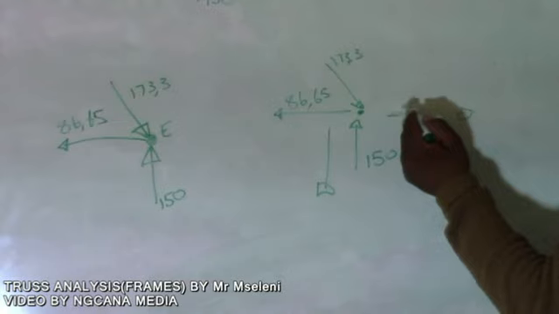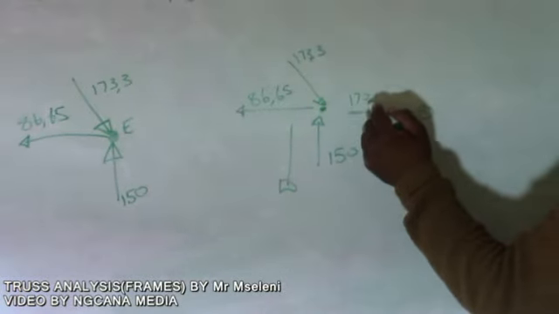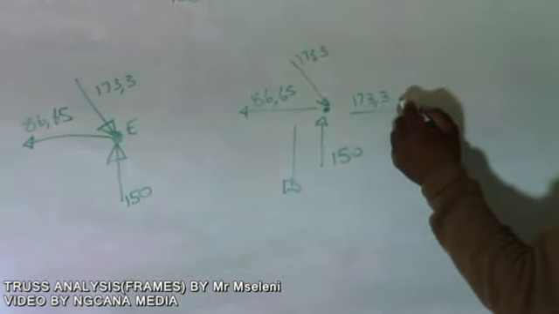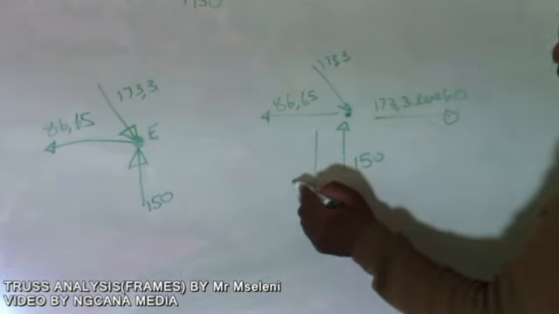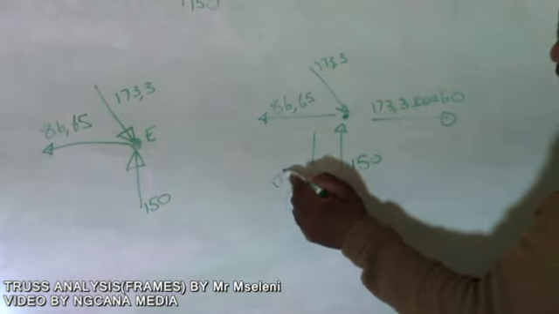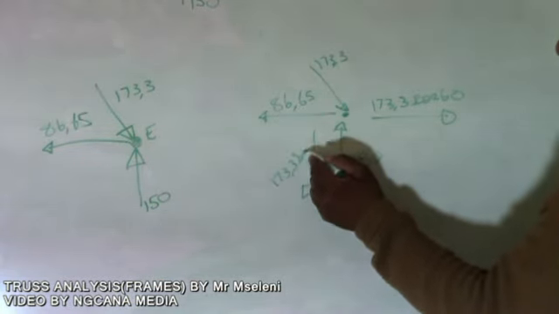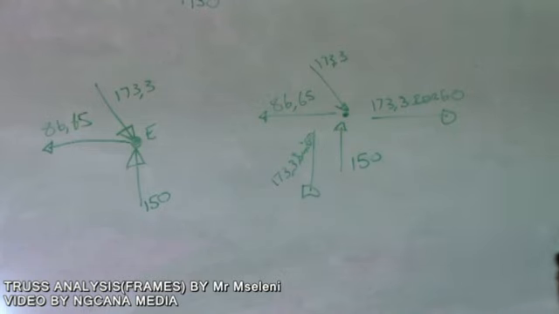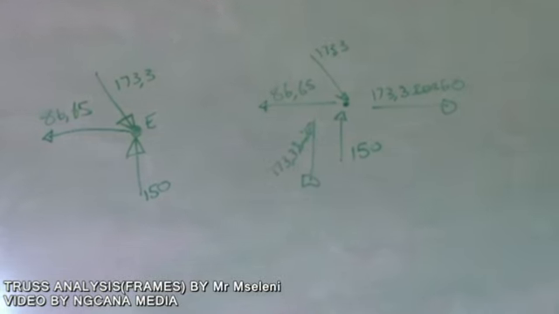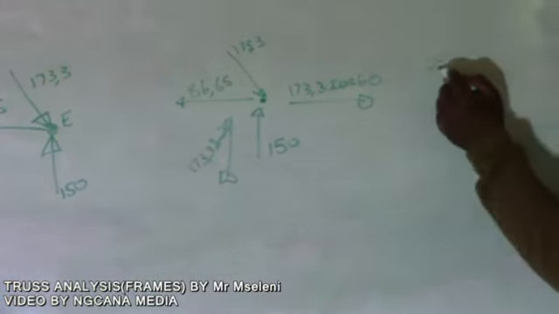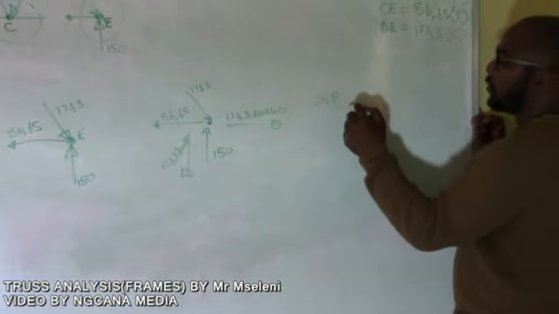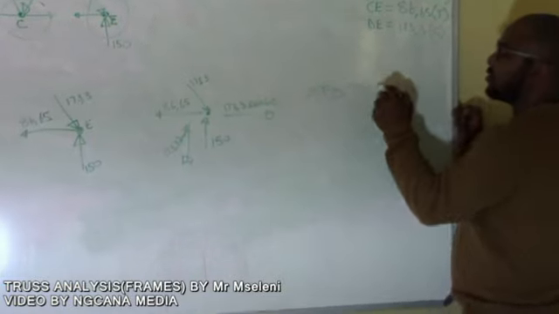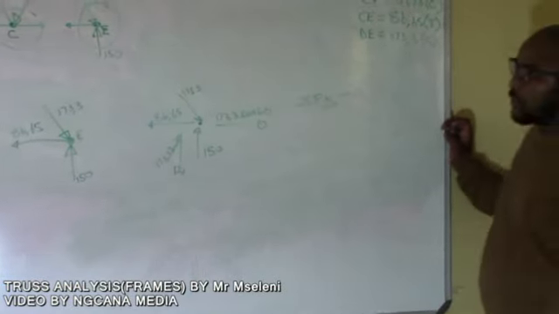Our x component is going to be 173.3 cos 60, and this one is going to be 173.3 sin 60. Now, on the components, the sum of forces in the y direction equals 0. We've got two forces going up and down.